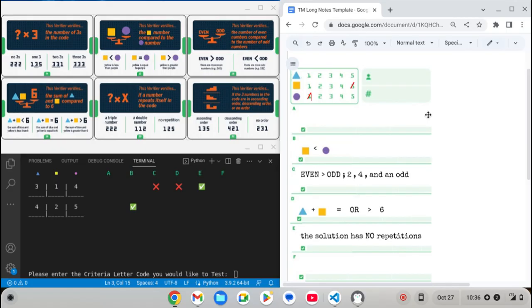Next, I guess let's see if there are any 3s or not. So let's go ahead and test criteria card A. Okay, so it is true, the Turing machine approves of the absence of a 3. So that means that there is no single 3-digit. That is a fact.